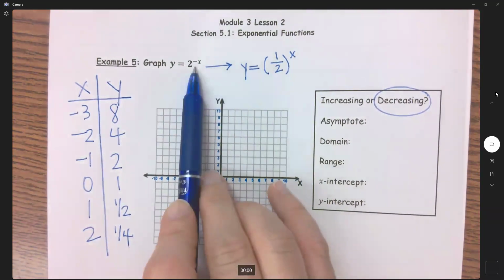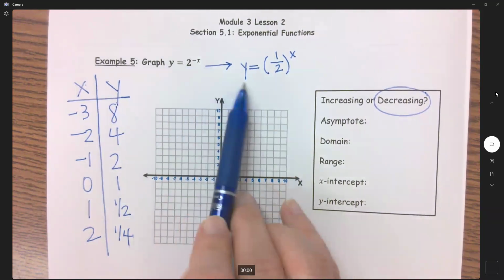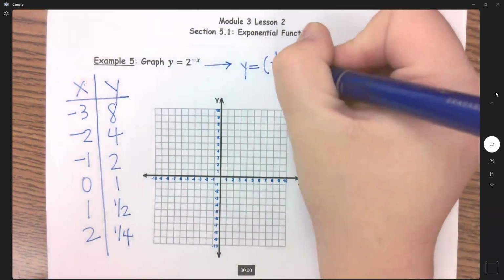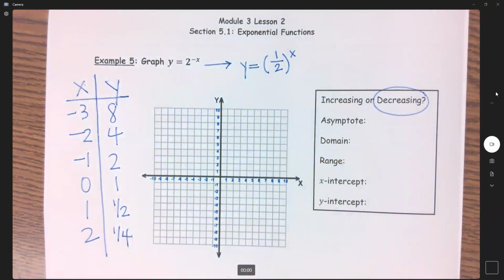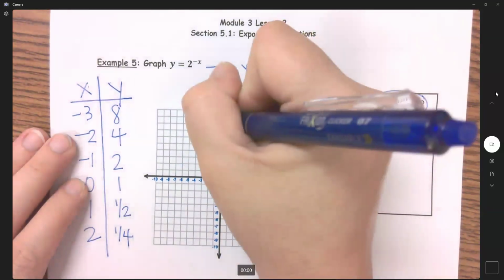Okay, when this is negative, we can change this exponent to become positive if I take this 2 and put it down here in the denominator, and then I need a 1 as a placeholder on the top. And so now I have a base of 1/2, and so that's why everything here is getting cut in half. So I'm going to plot these points now.